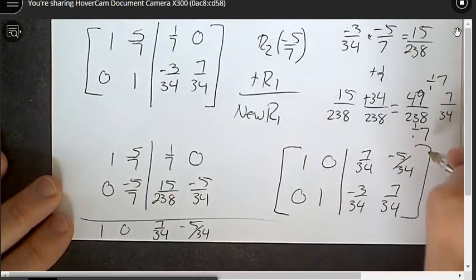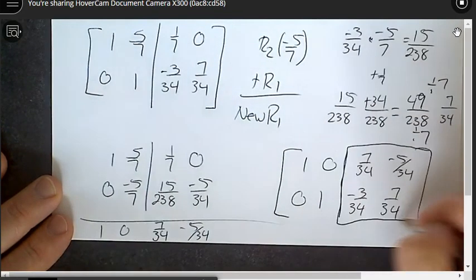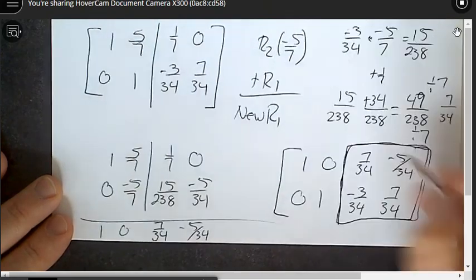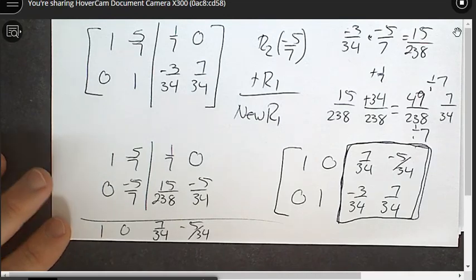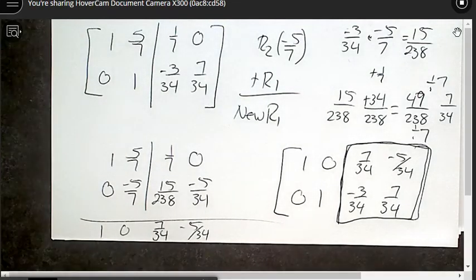Which means that this was our inverse matrix. Well, I could have thrown you a whole number in there somewhere. Yeah, that's a tough one.